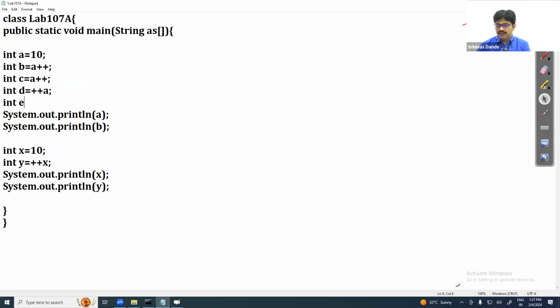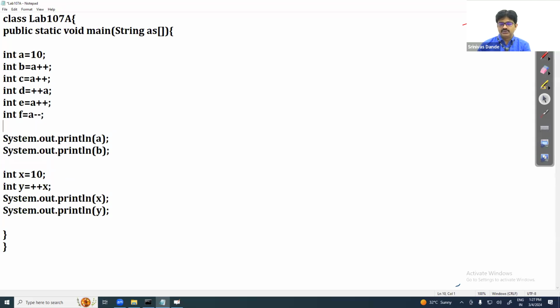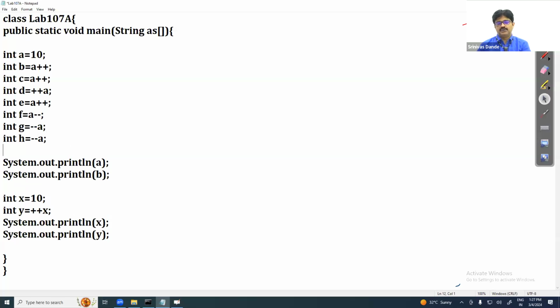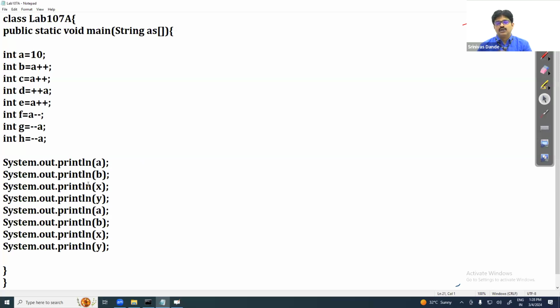E equals A plus plus. int F equals A minus minus. int G equals minus minus A. H equals minus minus A. Print A, B, C, D, E, F, G, H. You do A last.